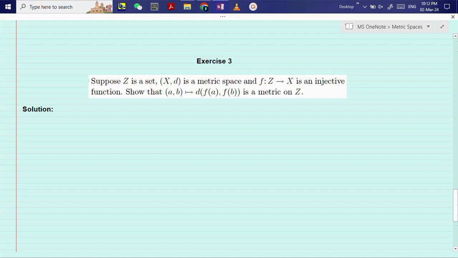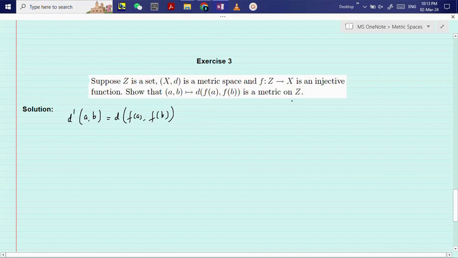Then show that the map, which we name D dash, which maps (A,B) to d(f(A), f(B)), is a metric on Z.